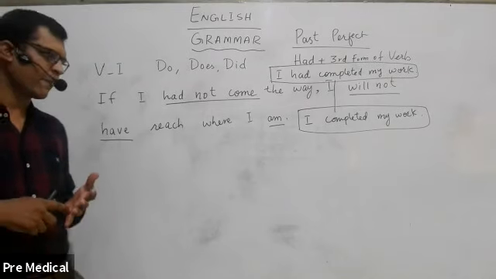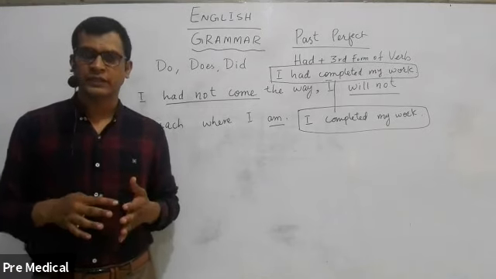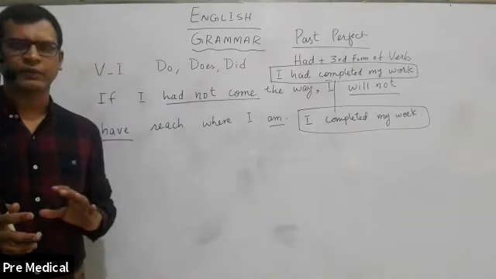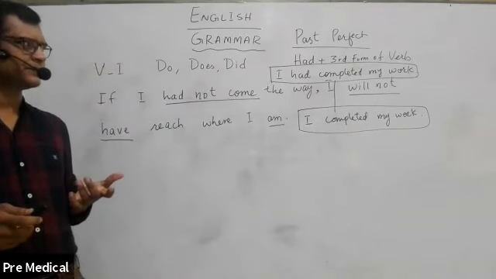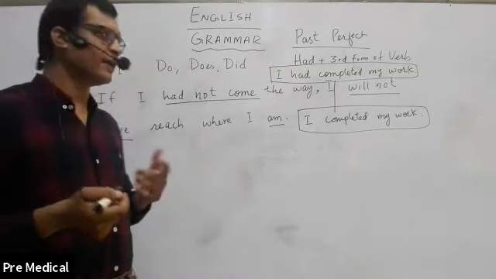Therefore, we say that past perfect tense in most cases comes in comparison with past simple tense. So a better sentence would be a combination of past simple and past perfect.